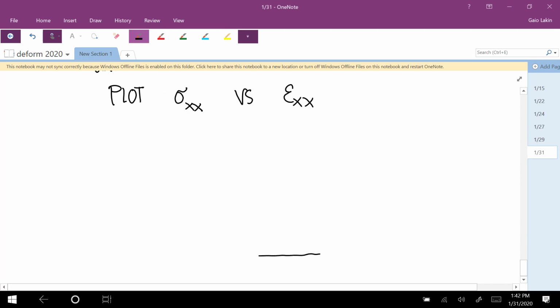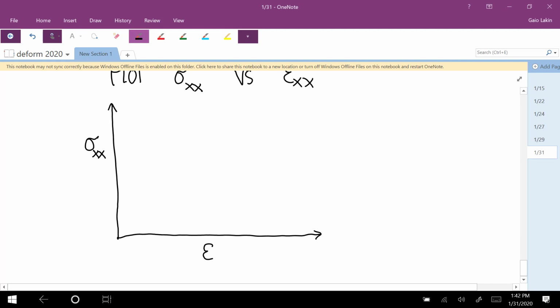And here's what it looks like. So this is the normal stress along the loaded axis, and this is the normal strain along the loaded axis. Before you load it at all, there's no deformation.